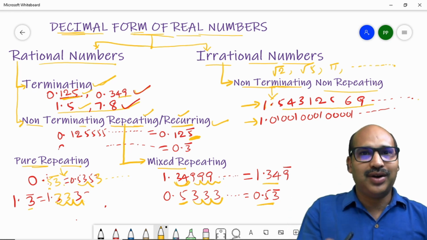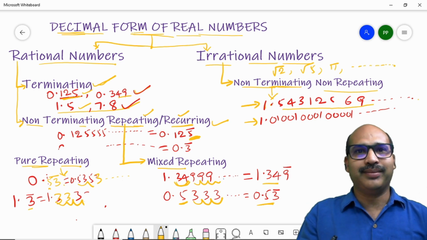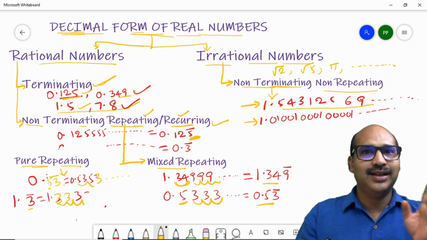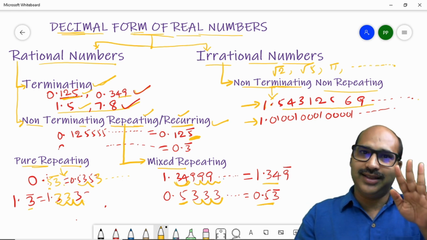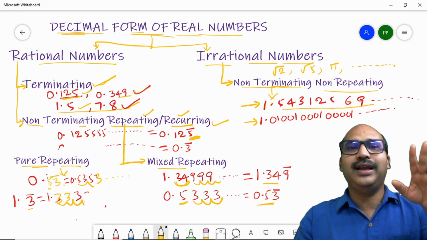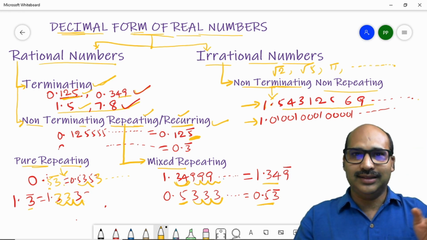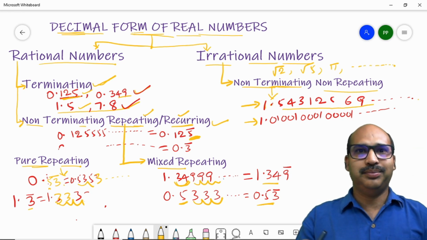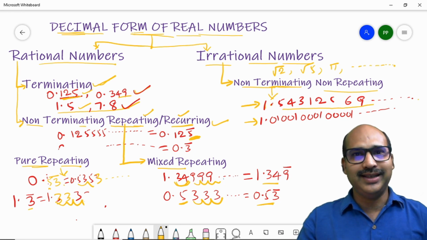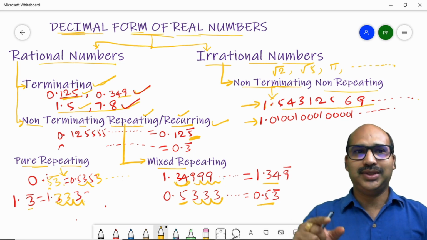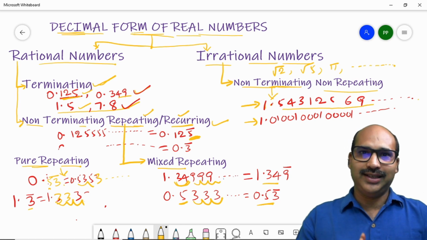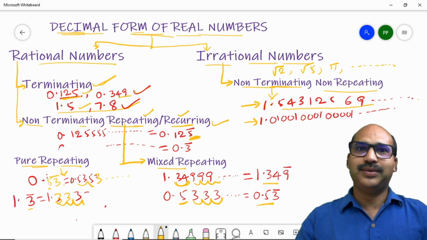On the other hand, rational numbers are either terminating, or if not terminating, then repeating, whereas an irrational number is non-terminating, non-repeating. So this is an overview of the decimal form of real numbers. Now let us understand the fundamental theorem of arithmetic.